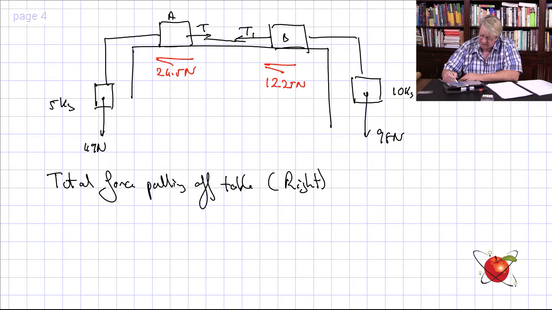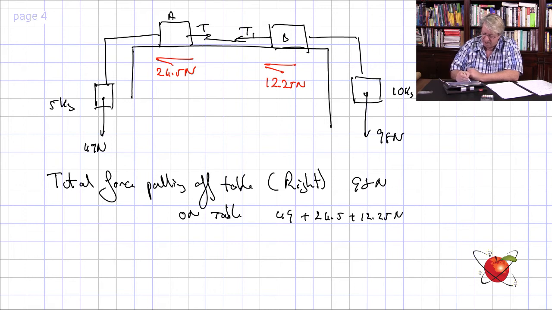It's going to be 98 newtons. What is the total force on the table, keeping us on? It is 49 plus 24.5 plus 12.25 newtons. Those are the forces that are keeping us on.